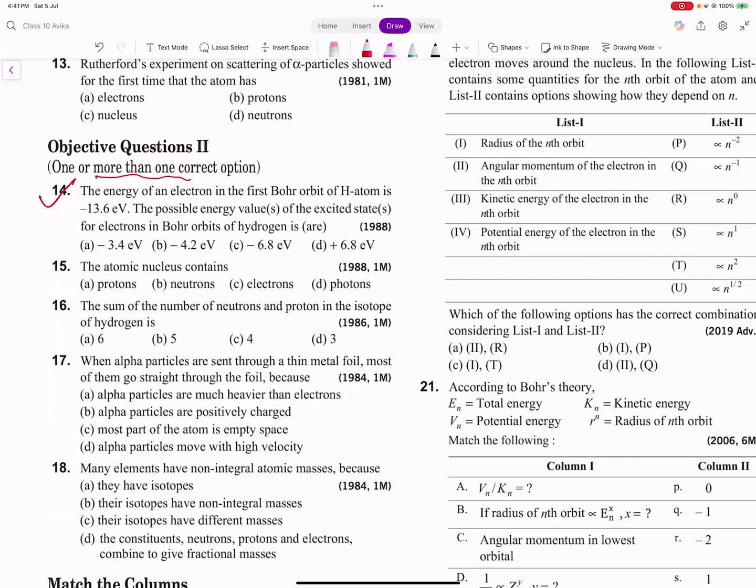Is the answer A? Only one option is correct? Yeah, I think so. Yeah, it can be.